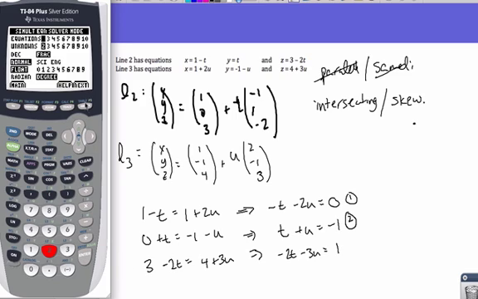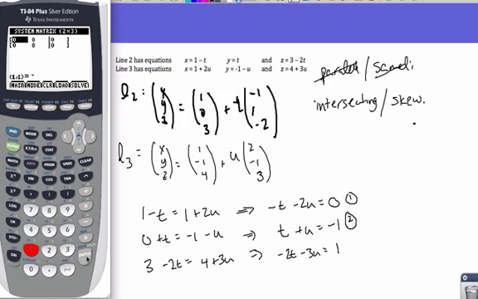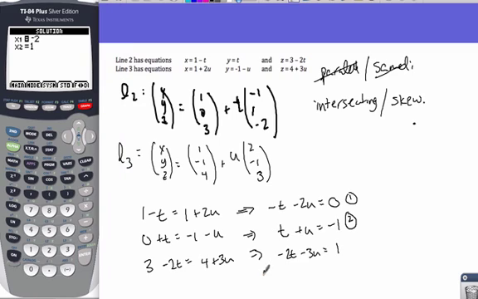I'm going to solve the equations and then test it in the third equation to see if it works. So I have negative 1, negative 2, 0, and 1, 1, negative 1. And then I'm going to solve. And when I do that, I get my t value equals negative 2, and my u value equals 1.